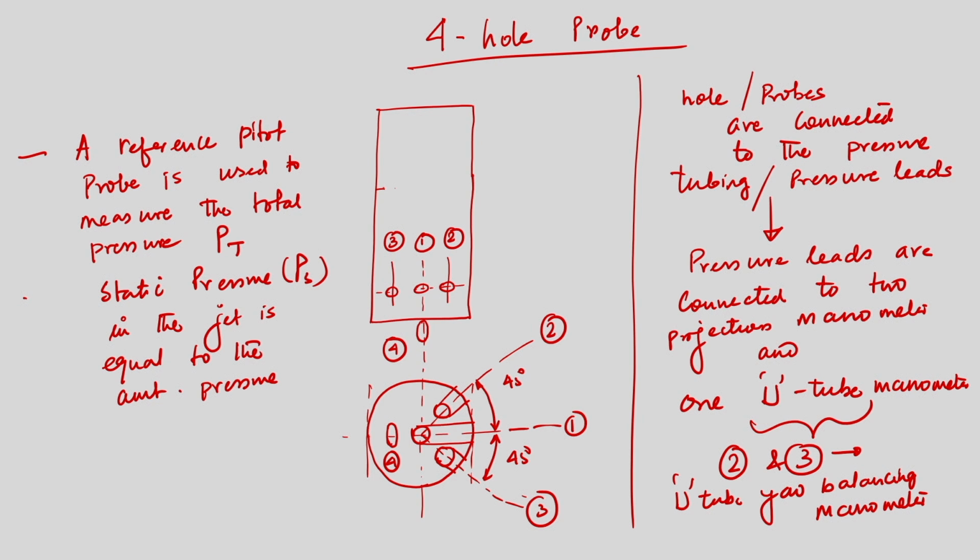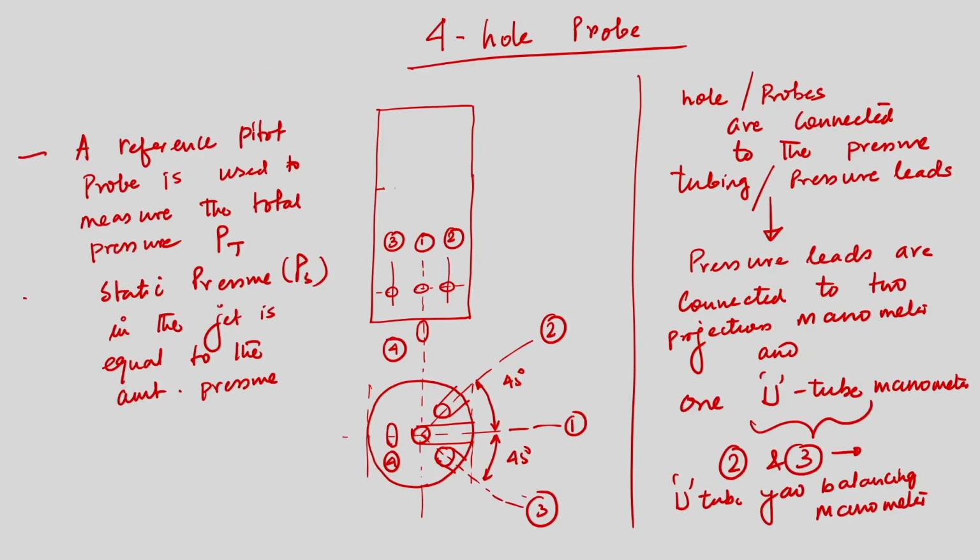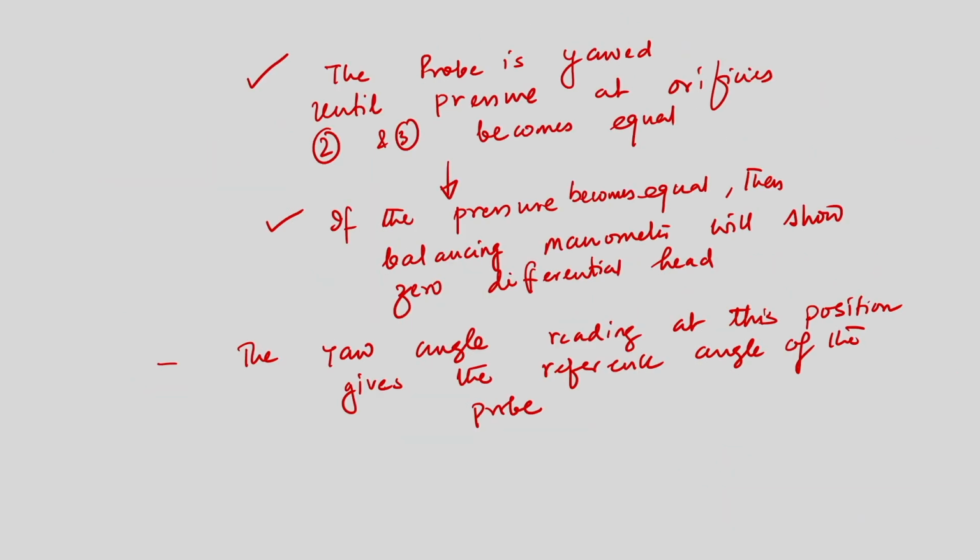Since 2 and 3 are connected to the yaw balancing manometer, the probe will be yawed until the differential head of the yaw balancing manometer is 0, and at that position we will read the yaw angle, and that is the reference angle of the probe. Now what can I calculate? I can calculate P1 minus P2, manipulating the pressure tap, and of course P1 minus P4, and P1 and PT.